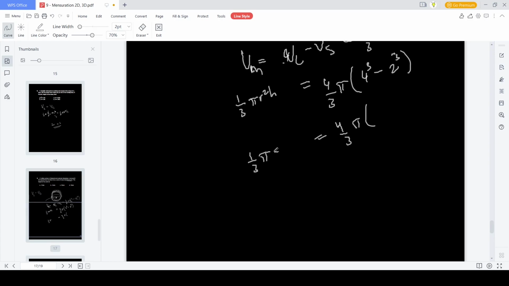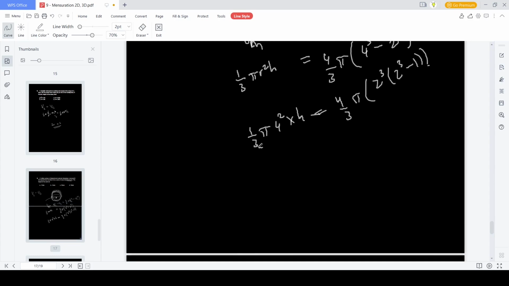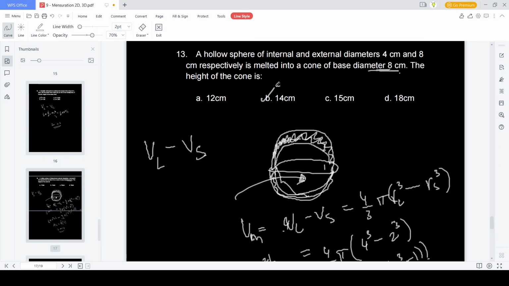So 1 by 3 pi into 4 square into h is equal to 4 by 3 pi into, I can take 2 cube common because it's there on both sides, 2 cube minus 1. And 1 by 3 pi and pi can cancel. 4 can cancel with this 4 one time. So 4 into h is equal to 2 cube is 8, 8 into 7. So h will be nothing but 14. So that is the answer.